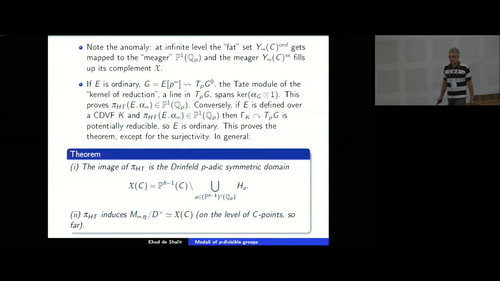And as we saw before, pi Grothendieck-Messing induced an isomorphism between M infinity over GLHQP and, in that case, projective space, and here pi Hodge-Tate, which is completely different, induces an isomorphism between M infinity rigid analytically over D star to the Drinfeld space.